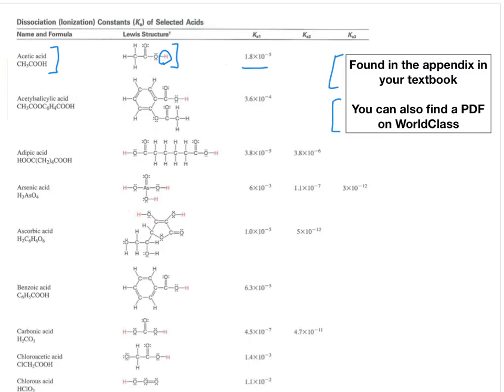Now know that these Ka values are for a specific temperature and at a specific concentration of solution. And so it's very possible that different Ka or Kb tables will have slightly different values. But ultimately, when you are doing these problems, it doesn't matter which one you use as long as you are using the table correctly.